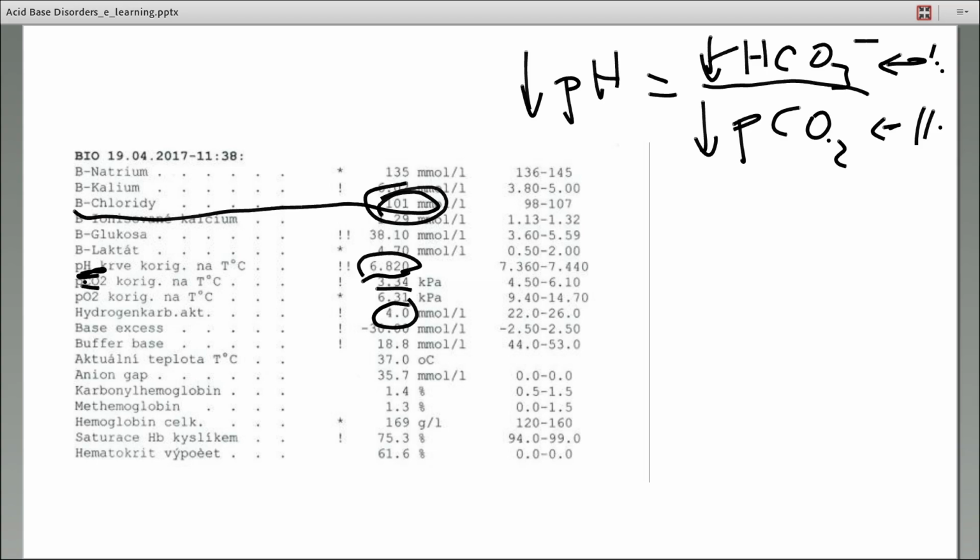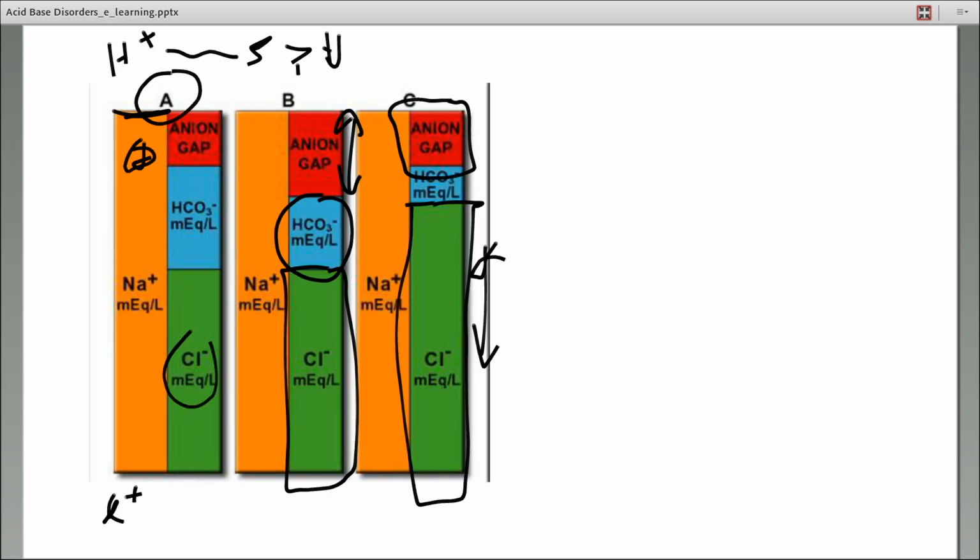Then, on the other hand, if you have a normal anion gap and you have high chloride levels, the cause of this hyperchloridemic metabolic acidosis is a decrease in bicarbonate level, and you lose your bicarbonate basically via two possible routes.